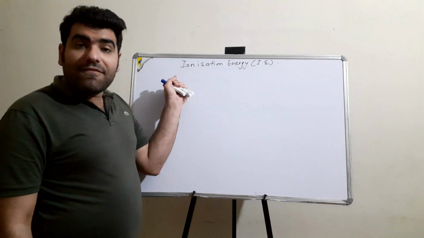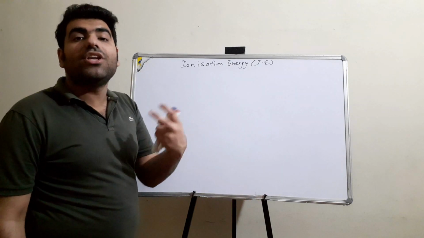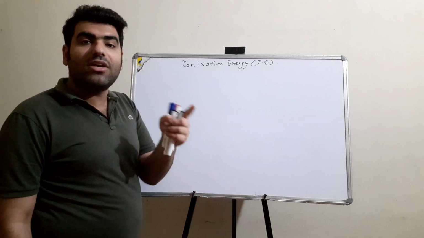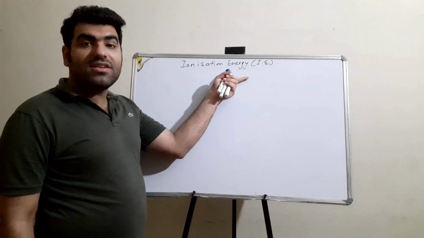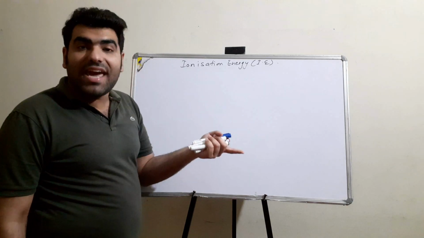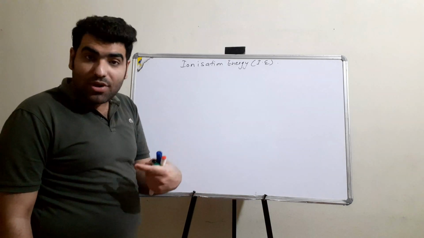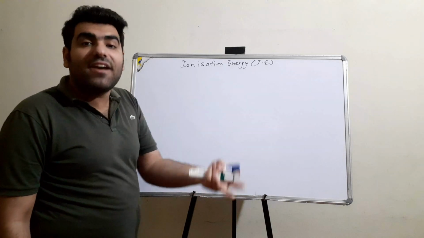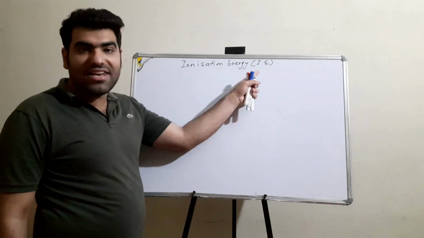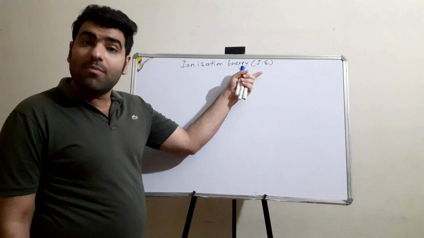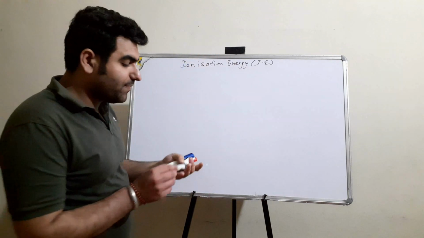Now, if an atom has a very huge size and the nuclear pull is very less, it will easily remove its electron, which means the ionization energy would be less. In the other case, if the atom has a smaller size and a greater nuclear pull, it means it is difficult to remove that electron from the outermost shell. So for that, the value of the ionization energy would be more. By taking this concept, now we'll discuss their trends.